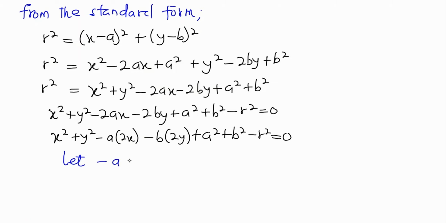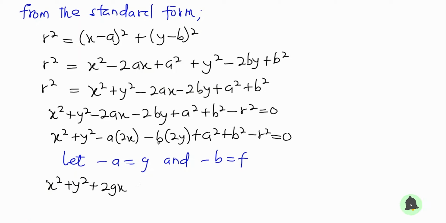let negative a be equal to g, and then we can also represent negative b by f. Now this implies that we are going to have x squared plus y squared. So we are saying negative a is g, then it means we're going to have plus 2gx, and then we are saying negative b is f, which implies we're going to have plus 2fy, and then we have a squared plus b squared minus r squared is equal to 0.